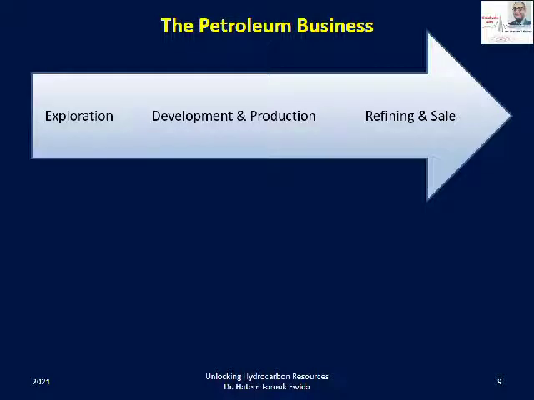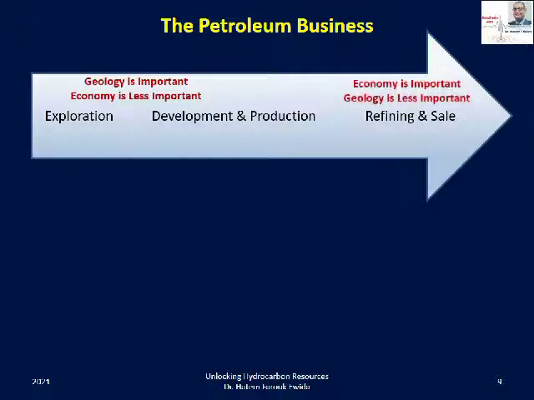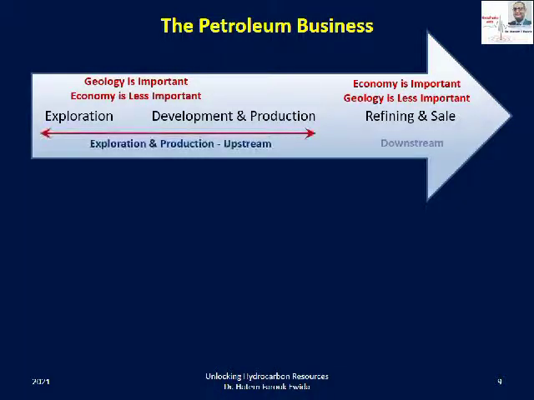At the beginning, in the exploration and development phase, geology is very important, but economy is less important because we'd like to find hydrocarbon. This is the main aim. But when I go to refining and sale, economy is more important than geology, and geology is less important in this case.